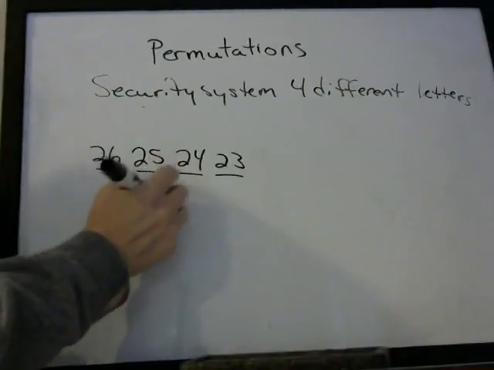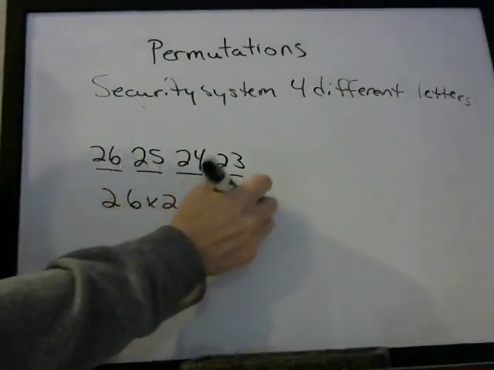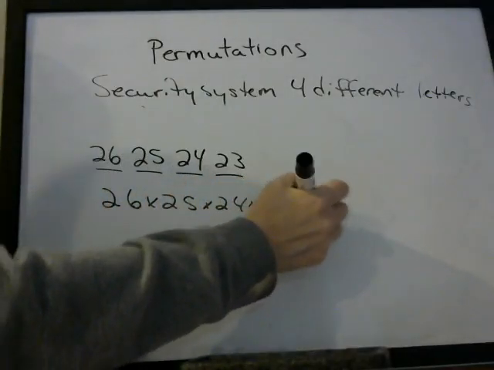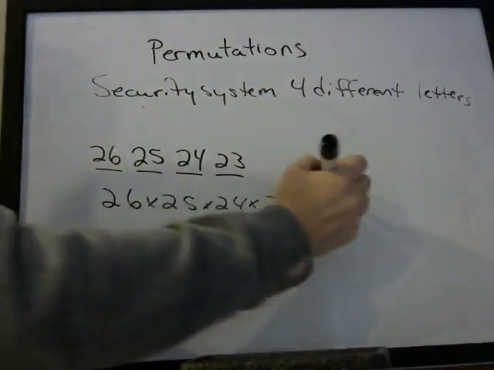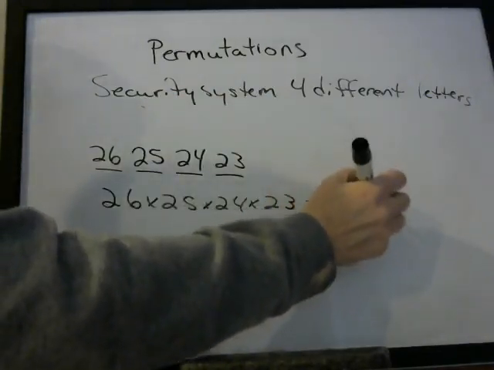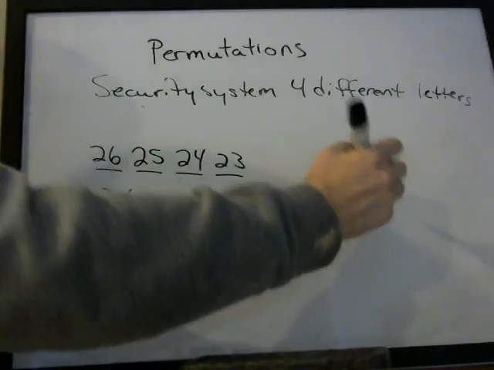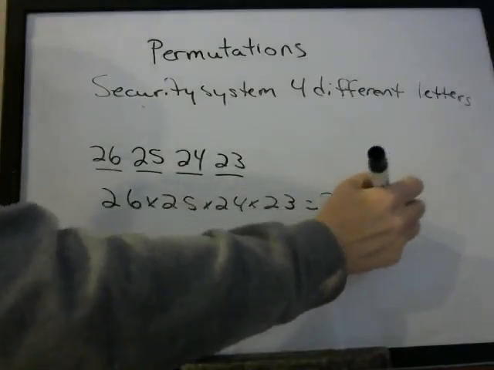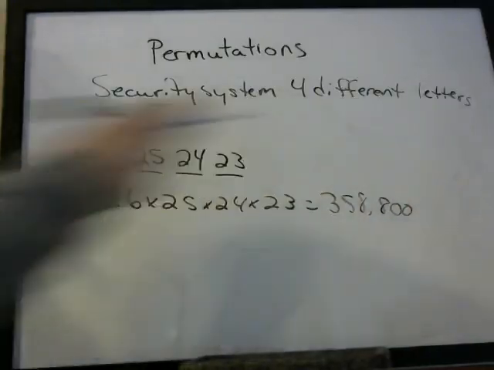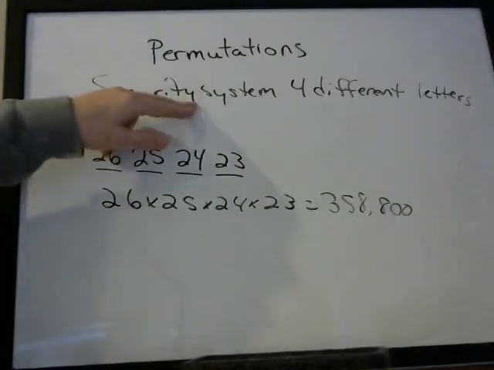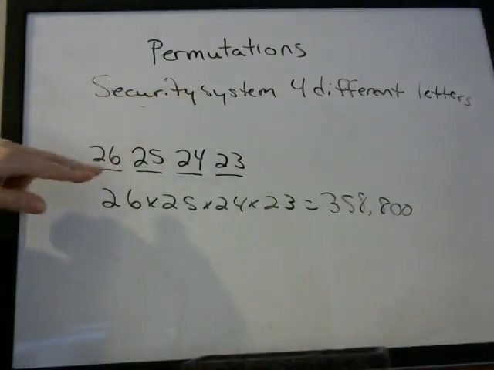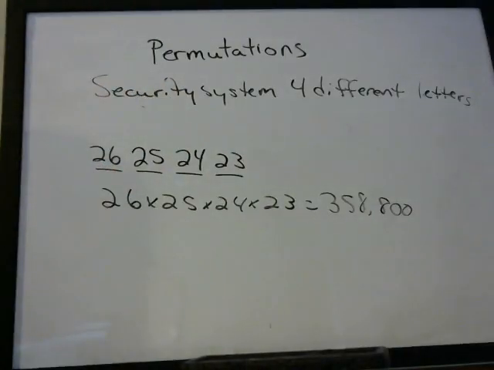So again, we're just going to multiply this out. You throw that in your calculator, 358,800 is the answer to how many different ways we can have a 4-letter code to our security system.